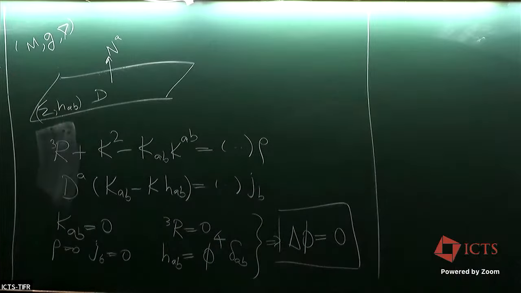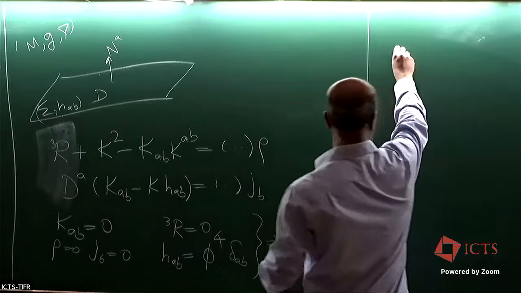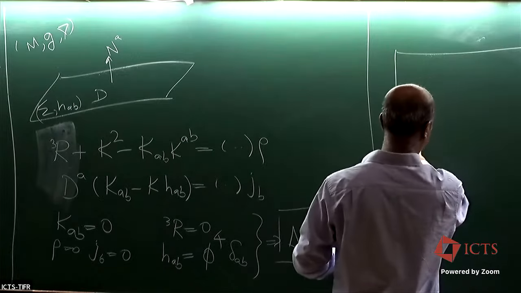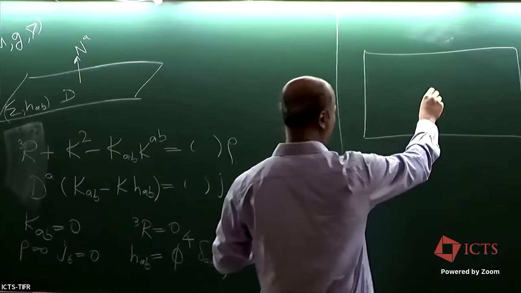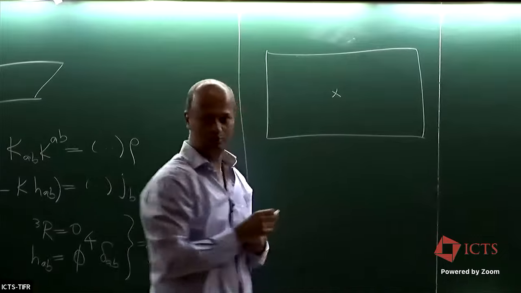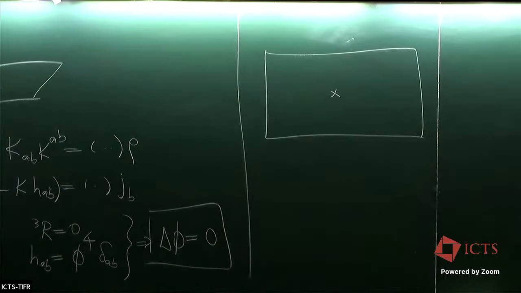From this point, forget about GR, just think of electrostatics if you wish, or a point mass in GR. So think of the spatial slice. Then you have what is called a puncture, that is the point r equal to 0. For the Schwarzschild case that would be the other asymptotic end, this point here.